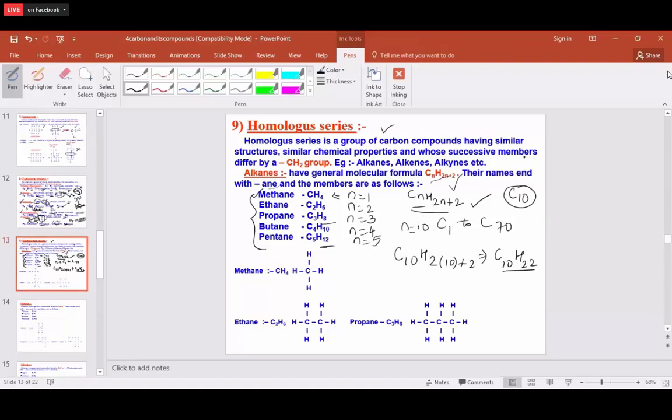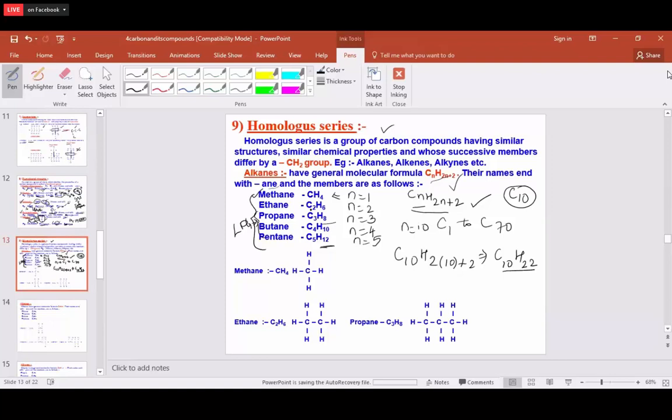Homologous series means it's having a similar structure and it's having similar chemical properties. Chemical properties in the sense, all the methane, ethane, propane, butane, pentane, everything we are using for burning purposes. So the methane, we know that it is natural gas, and the propane and the butane we are using in the LPG. In day-to-day life we are using the cylinders which are used for our cooking.